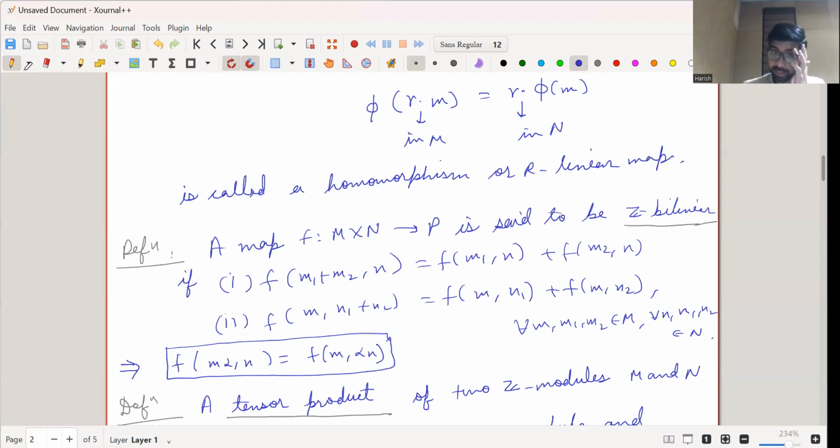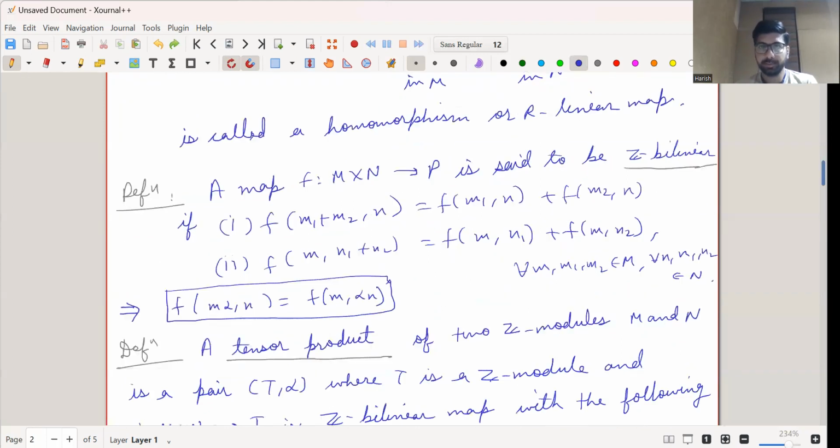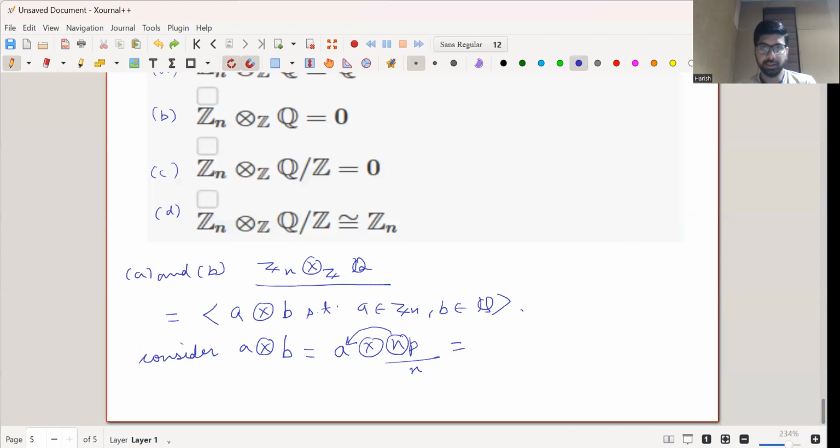We have f to be a Z bilinear map, and the map to the tensor product is also Z bilinear. So you have m alpha tensor n is m tensor alpha n. So this n I can take here.